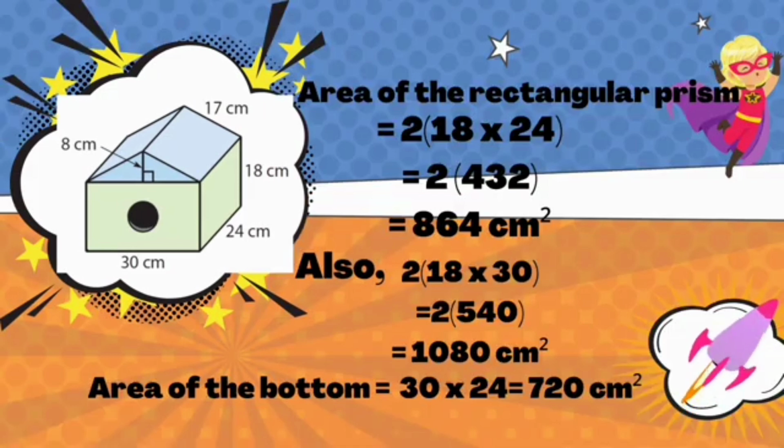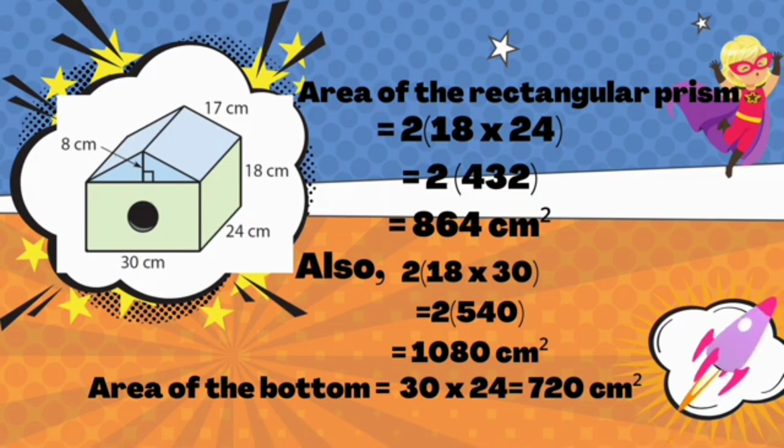Next, let's find the area of the rectangular prism, which is a cuboid. It is made up of 4 rectangular walls and the bottom area. 2 of the walls have dimensions 18 centimeters by 24 centimeters. Multiplying 2 times 18 centimeters times 24 centimeters gives 864 centimeters squared.